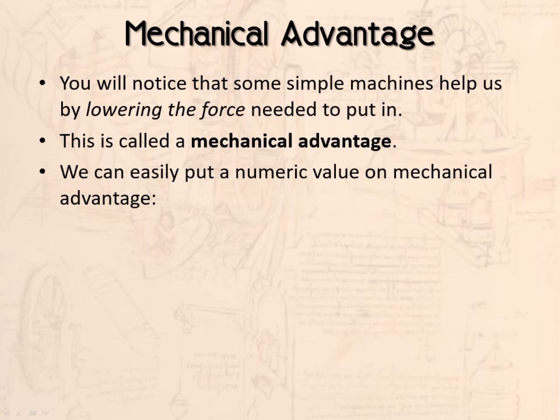We can put a number on it. All we need to do is measure the amount of force coming out of the machine compared to the amount of force going into the machine. This will give us a number, basically a force multiplier, on what advantage this machine is giving us.